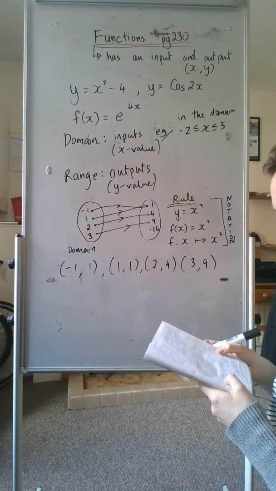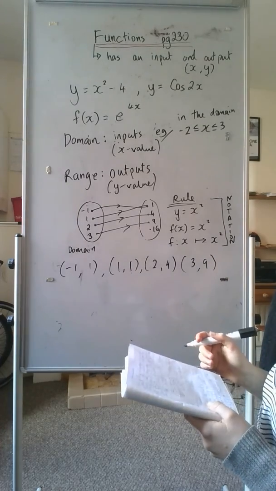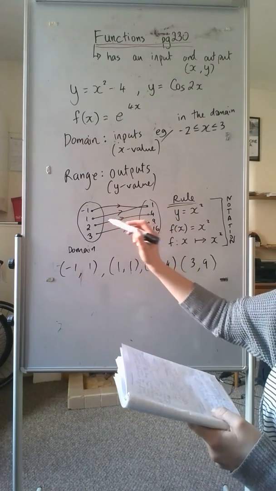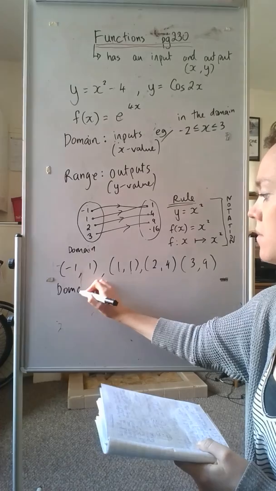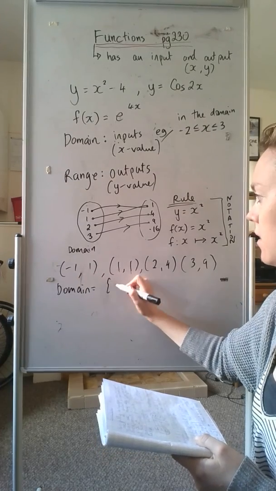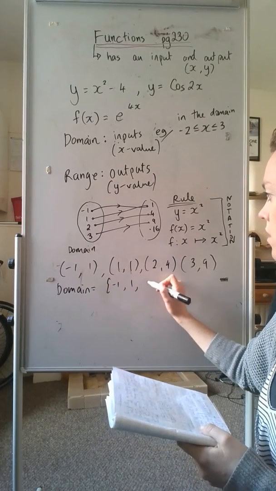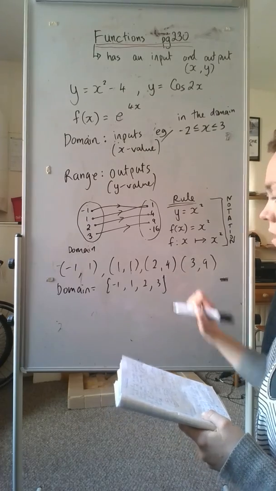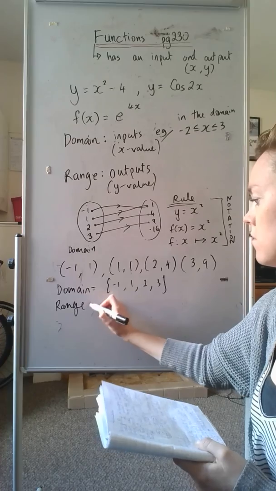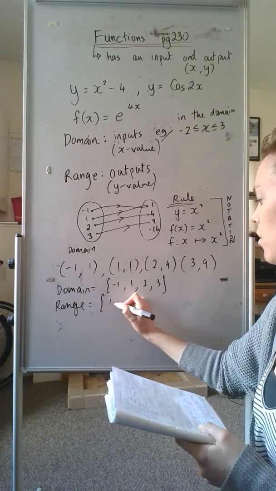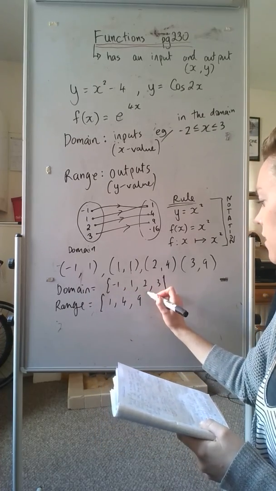Okay, so they're your couples. Now, just interestingly, your domain is minus 1, 1, 2, and 3. Okay, your range is 1, 4, and 9.